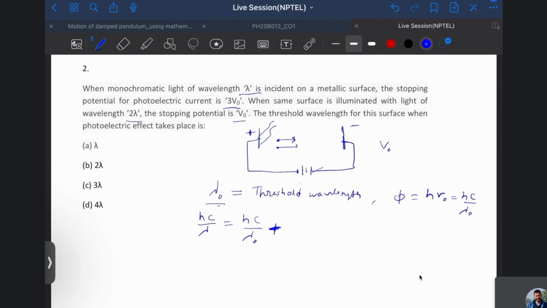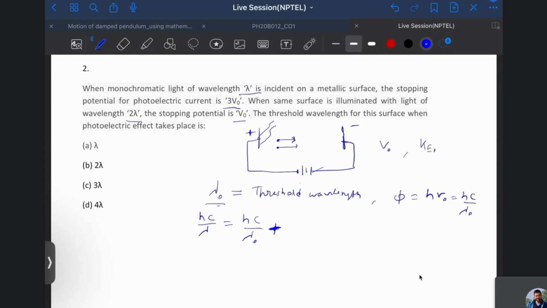Since the stopping potential is 3V naught, that matches the maximum kinetic energy of the photoelectrons, correct?